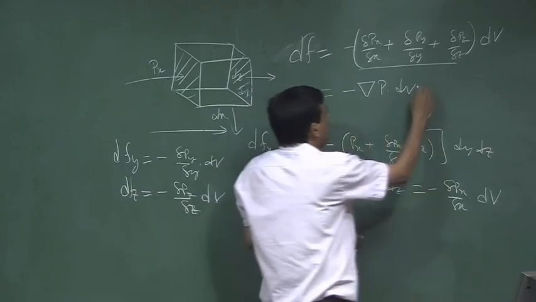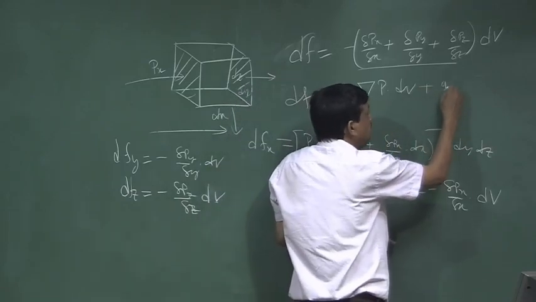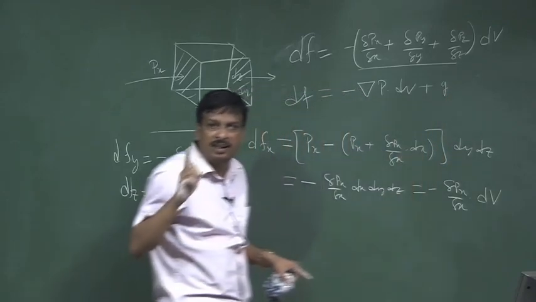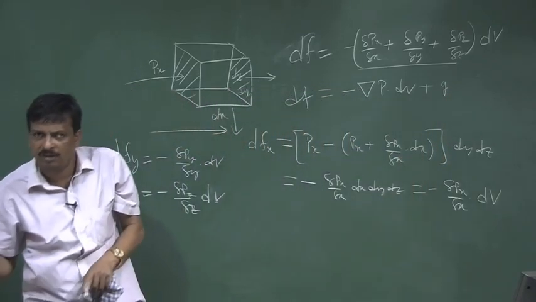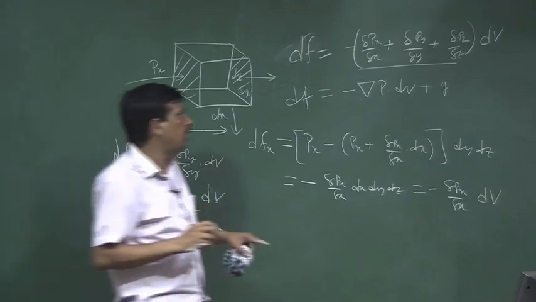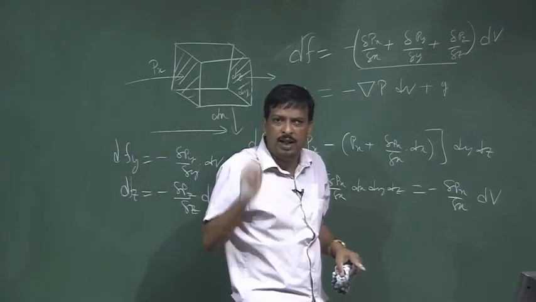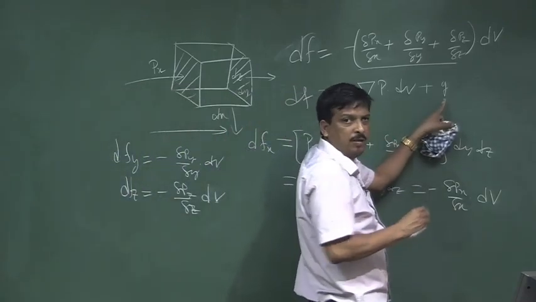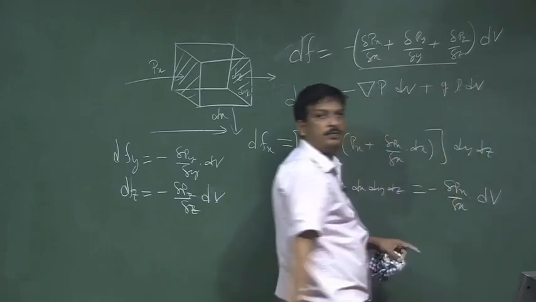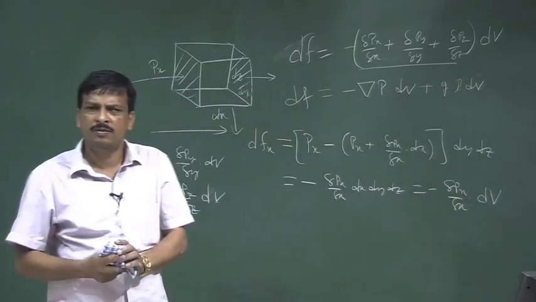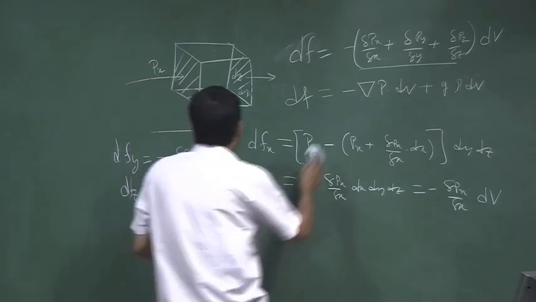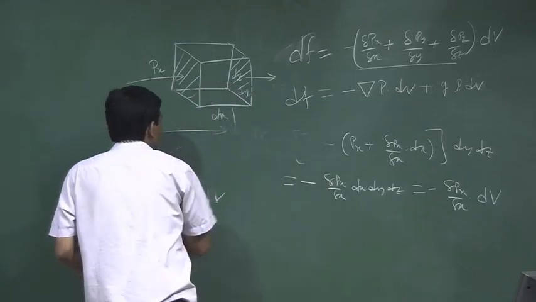What is the gravitational force? We know it is gravitational acceleration g into mass, that is, F is equal to m into a. What is the mass? Rho into dv is the mass. So g rho dv is the gravitational force. This is the total force acting on this volume.